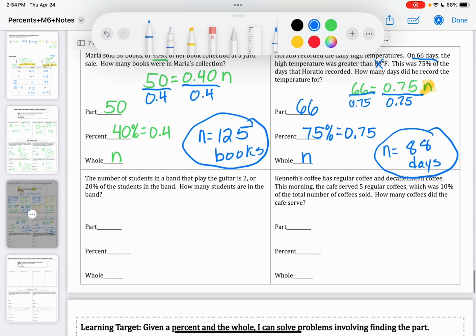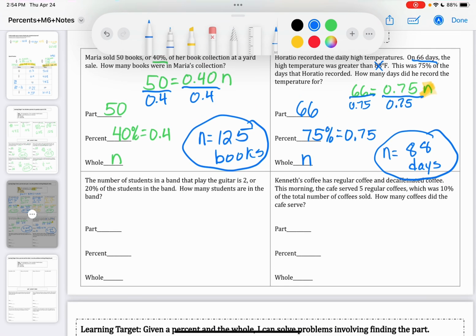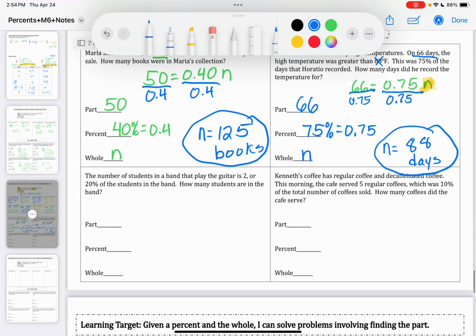All right, last two. The number of students in a band that play the guitar is 2, or 20% of the students in the band. How many students are in the band? So 2 is our part, 20% is our percent. We're missing the whole. Let's write our equation.